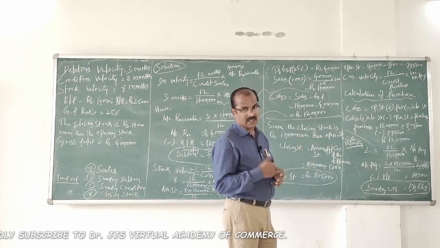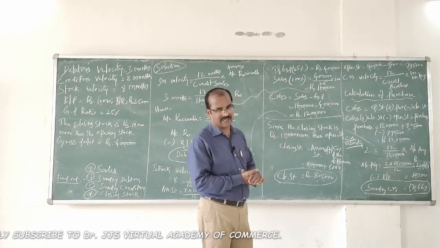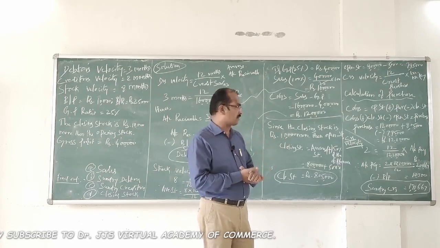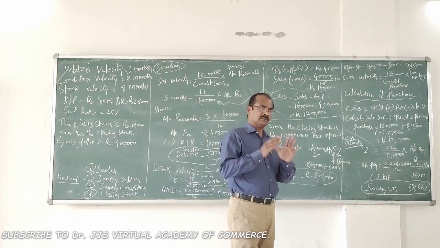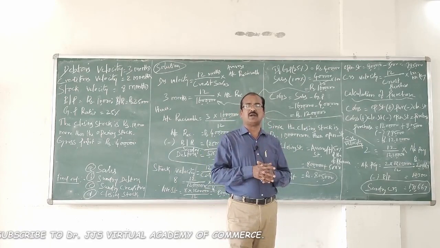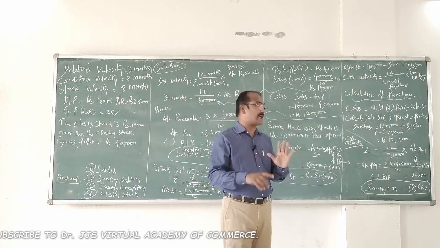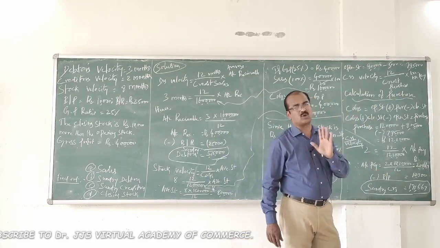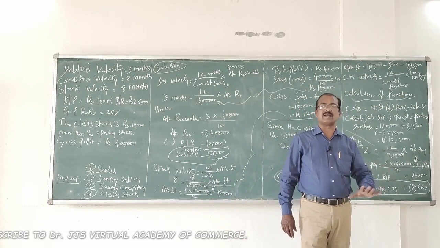Now let's continue with the last ratio, which is nothing but creditors velocity. What is the formula for calculating creditors velocity? 12 months divided by credit purchases into average accounts payable. In the absence of information related to opening accounts payable of creditors and bills payable, you can replace this average accounts payable with just closing accounts payable. Obviously, closing accounts payable is there in the business.